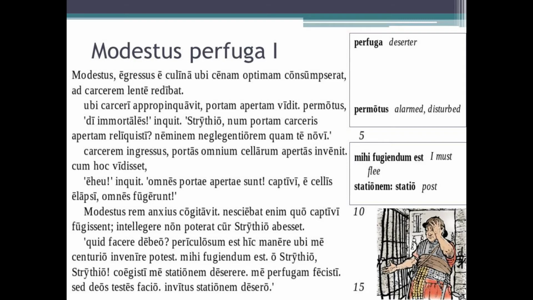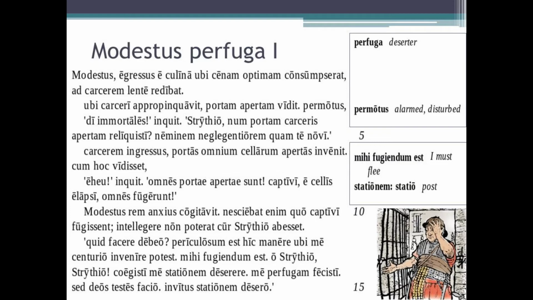Modestus thought about the problem anxiously, for he did not know where the prisoners had fled to. He was not able to understand why Strithio had gone away. "What ought I to do? It is dangerous to stay here, where my centurion can find me."